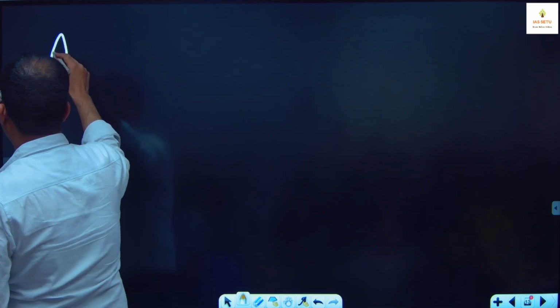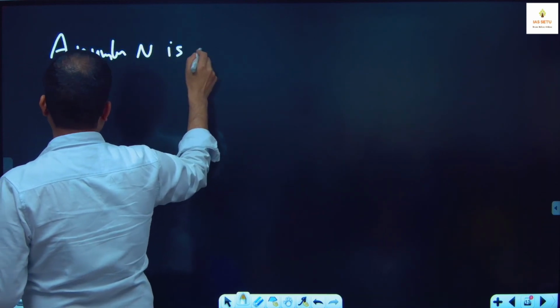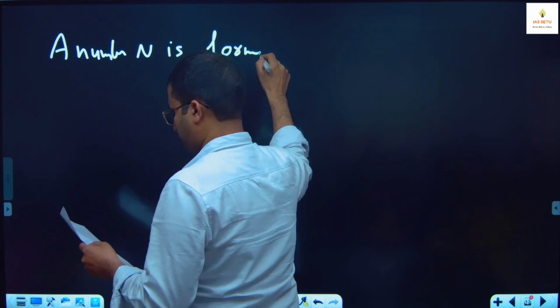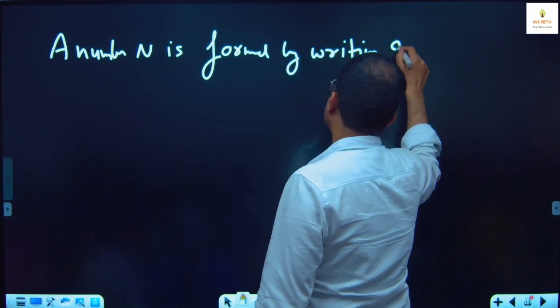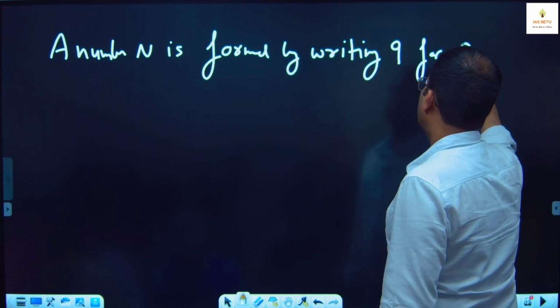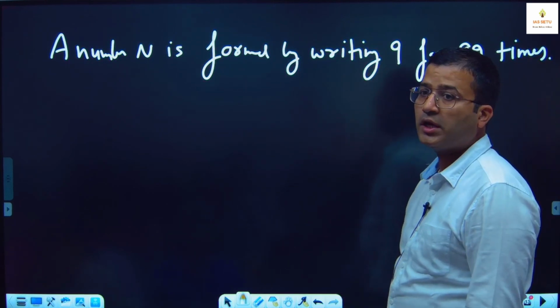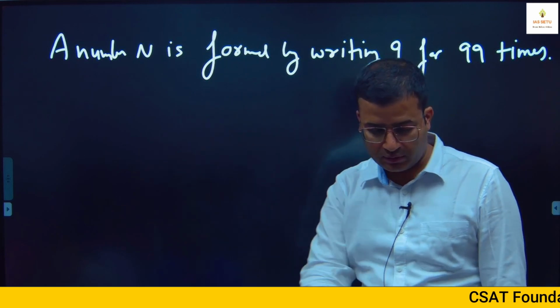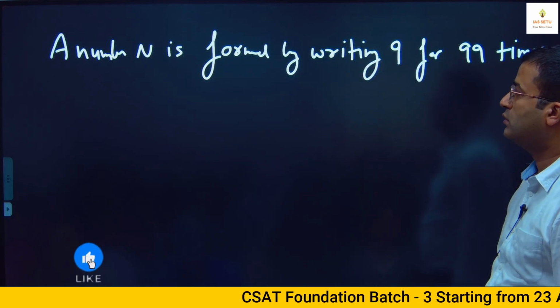I write on the board a number. A number n is formed by writing 9 for 99 times. लिख लो, इसमें नहीं है, it is not given in the handout.